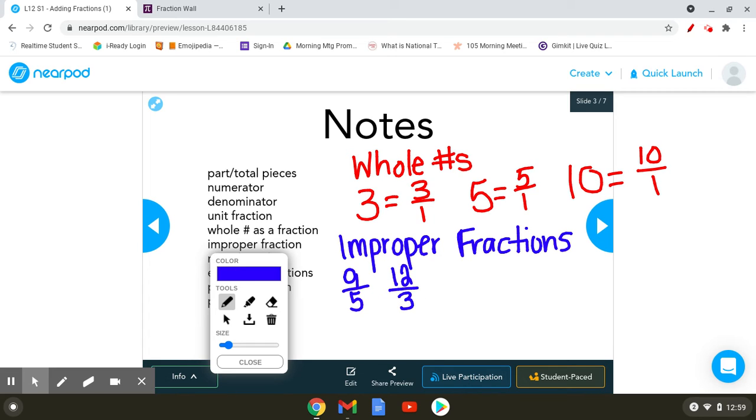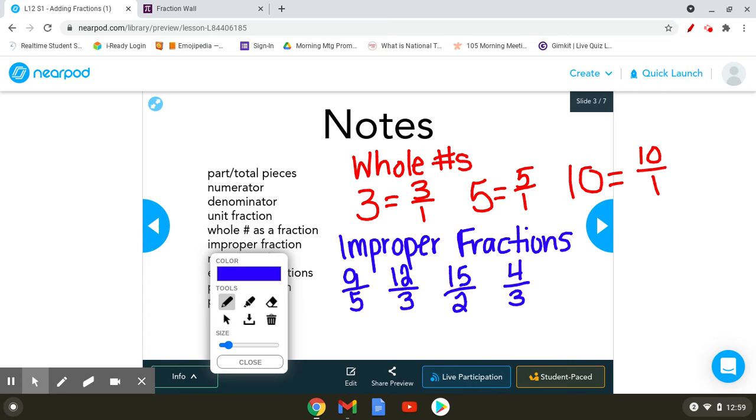Let's see here. We can go 15/2 or 4/3. So taking a look, what do they all have in common? Can you come up with your own example?